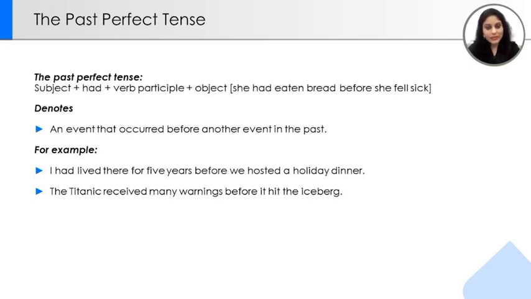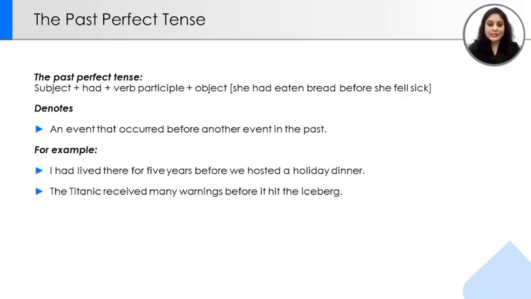Let me give you one more example to bring home this point. The Titanic had received many warnings before it hit the iceberg. Again, you can see there are two very clear events and two very clear actions. The first action is the Titanic had received many warnings. This is action number 1.